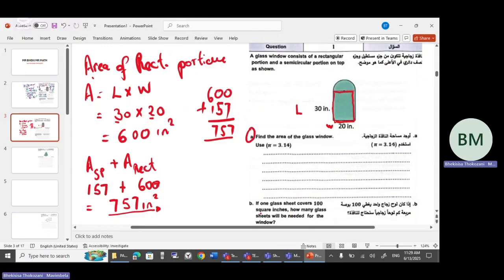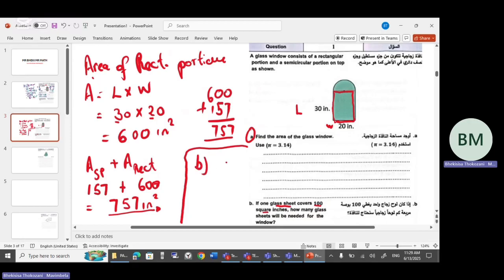Now, the second part of the question says, if one glass sheet covers 100 square inches, how many glass sheets will be needed for the window? So this one is also not difficult. All right. So all what you do, this is my B, guys.